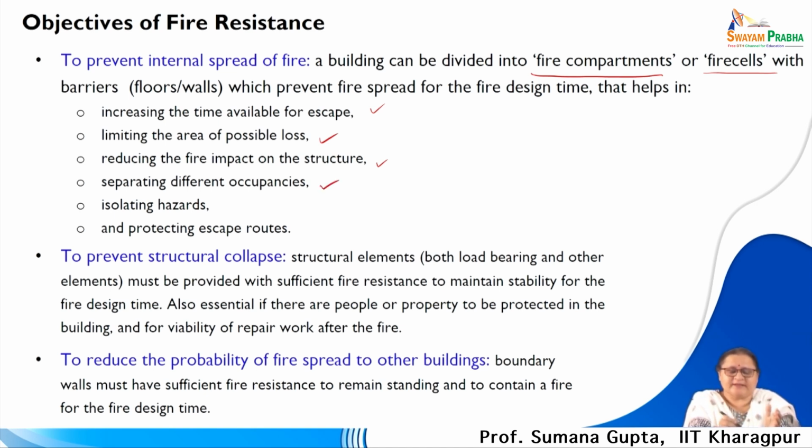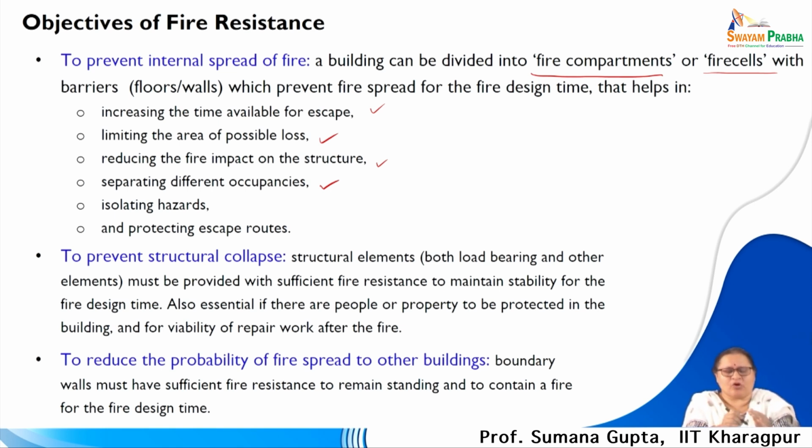Separating different occupancies. A building may be in use by different occupants. We have not entered into multi-storied buildings where the lower part may be offices and the upper part may be a hotel, so it is a different occupancy. It may be an assembly building in some part, and on top it may be residential occupation.